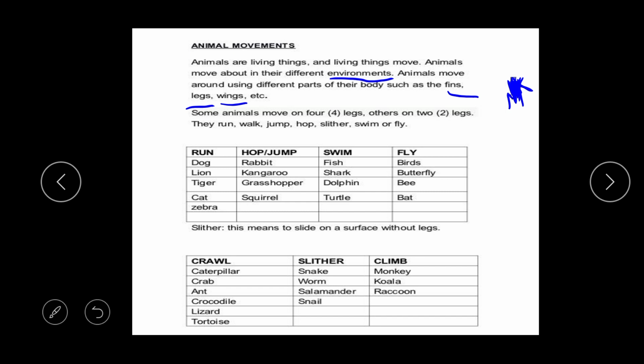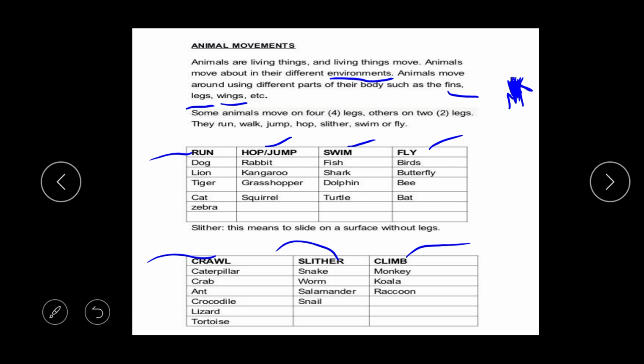Let me take that again. Animals can run, they can hop or jump, they can swim, they can fly, they can crawl, they can slither, or they can climb.